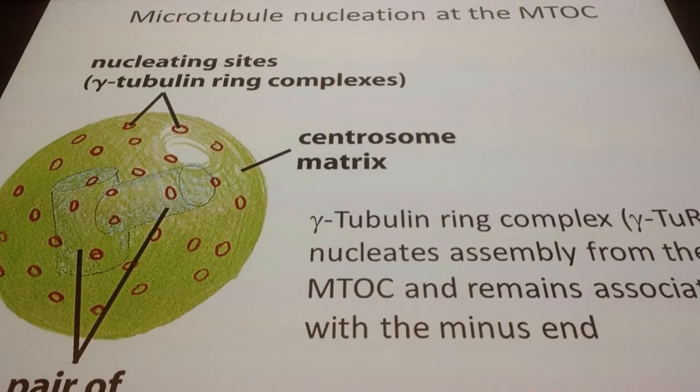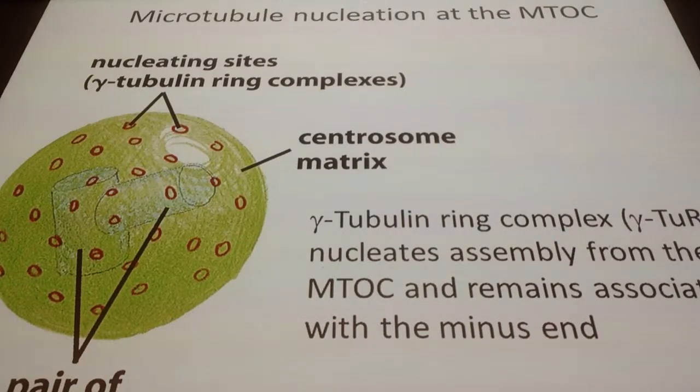Okay? Now, after having said all of that, that's not really the full story, because axon and dendrite formation are more complex than that. A lot more complex. Also, it's not the full story because we haven't managed to find an MTOC in plant cells, and yet they still have microtubules.